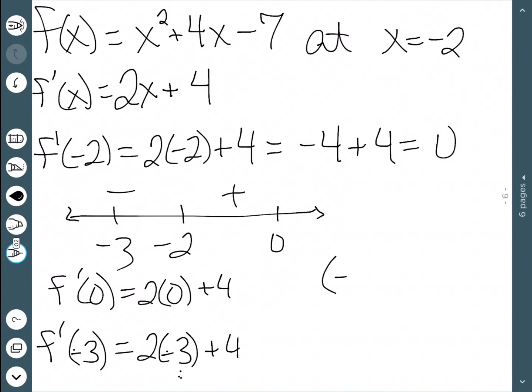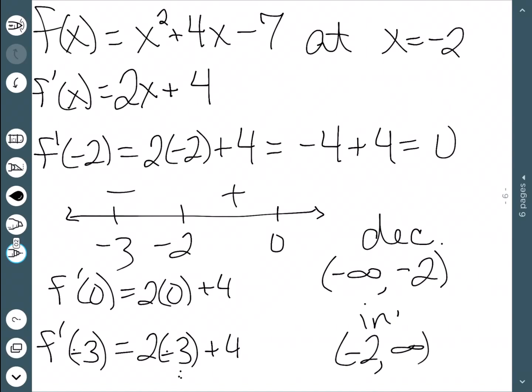So we can actually see that from negative infinity, all the numbers smaller than -2, the function is decreasing. And from -2 all the way up to infinity is increasing. So we are able to figure out exactly where something's increasing and decreasing without actually having to graph it.